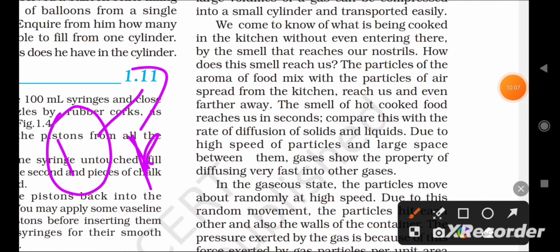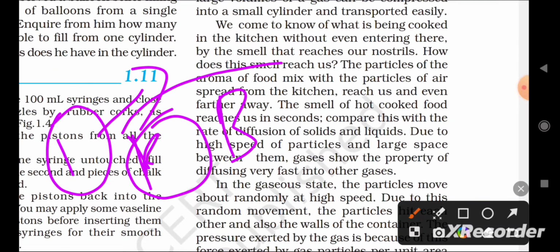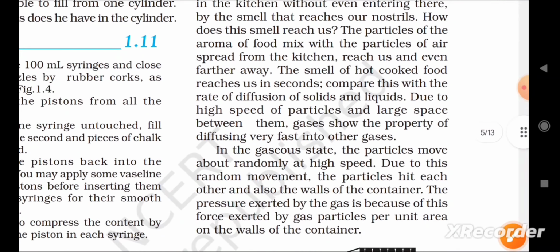You will smell the pizza or burger from the hall, from the kitchen. So how do you get the smell from that much distance? That question arises here.